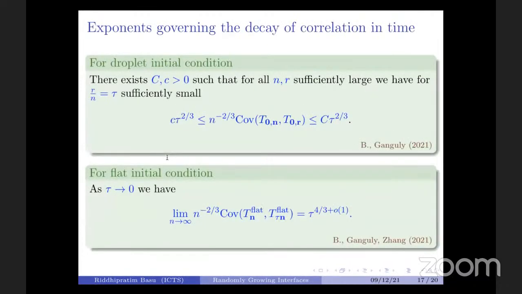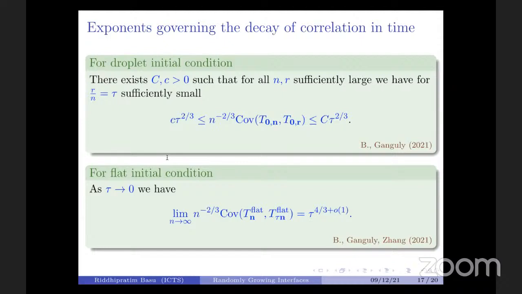So one of the results that we could obtain about the decay of correlation of this interface with different initial conditions, using the understanding of the geometry of the geodesics, was the following. If you look at the quantity Tn, it has a natural scaling of the order of n to the 2/3.